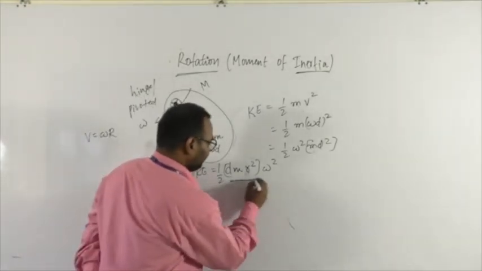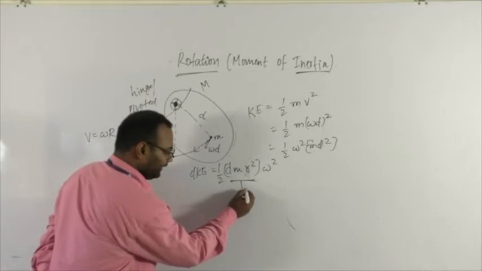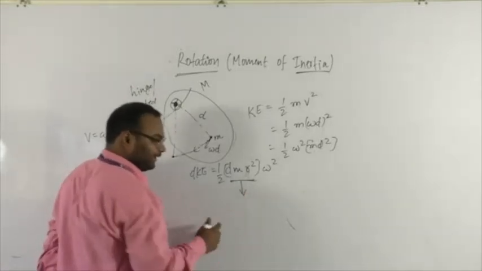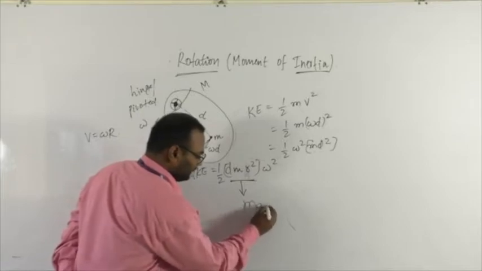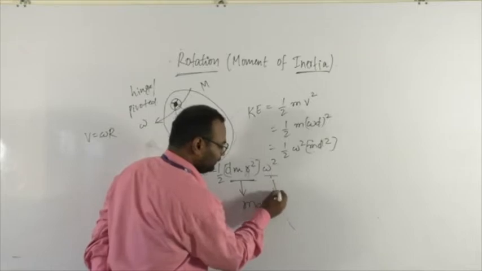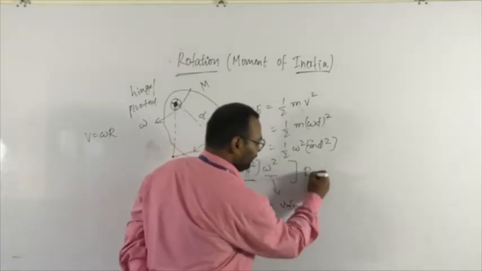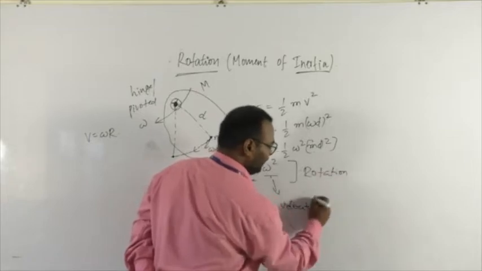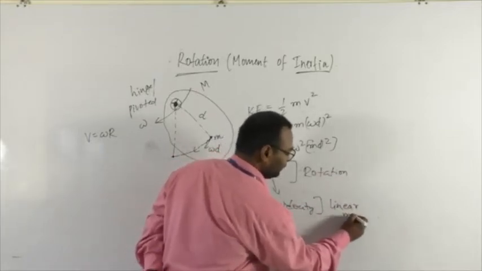This part you can imagine as in the kinematics motion serve as mass, and this as serving for velocity, right? This is for rotation part and this was for linear motion.